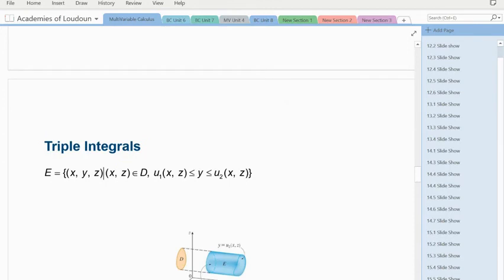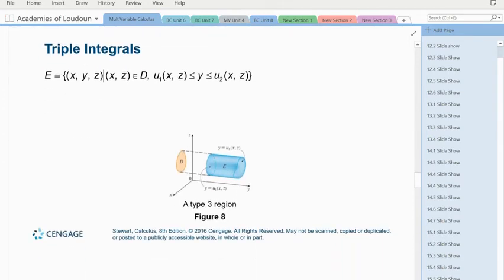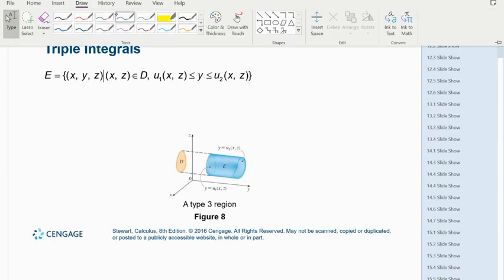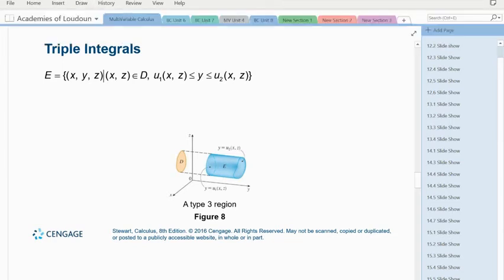And then finally, we will have a type 3 region where D is the projection of E onto the xz plane. y equals u sub 1 of x,z is the left surface, and y equals u sub 2 of x,z is the right surface, as shown in figure 8.